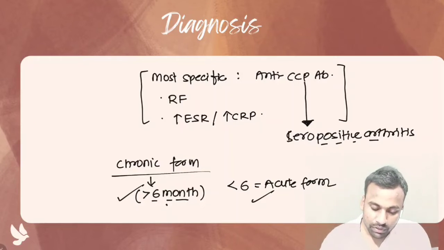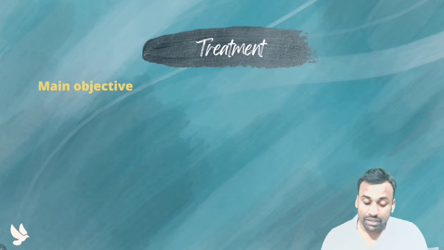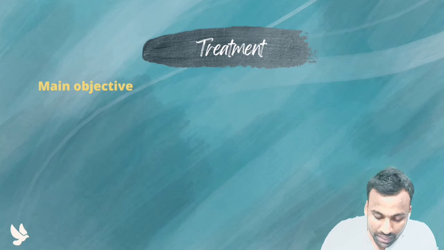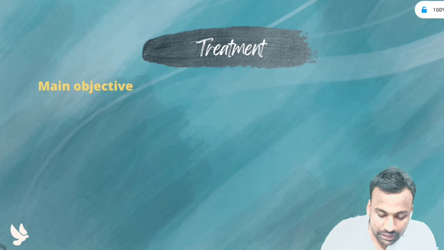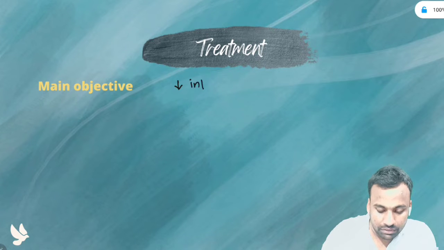Okay, the main focus of rheumatoid arthritis is the treatment modality. What is the main objective for the treatment of rheumatoid arthritis? My main aim is to decrease the inflammation.